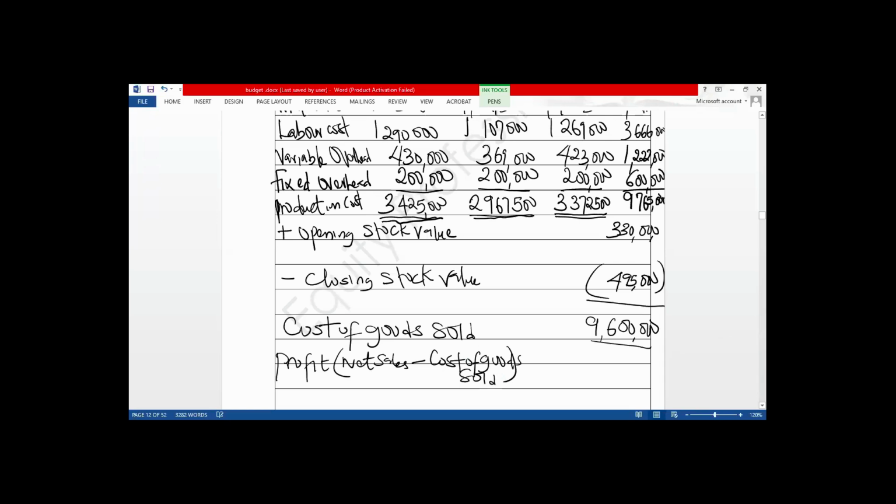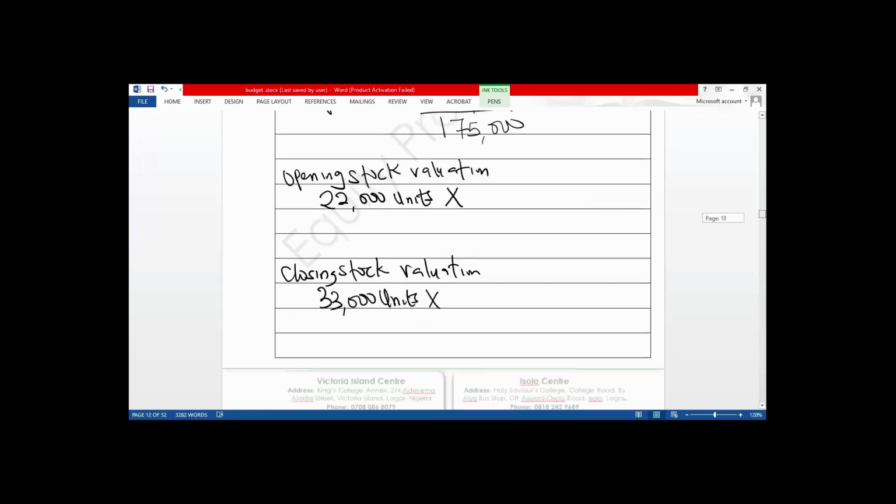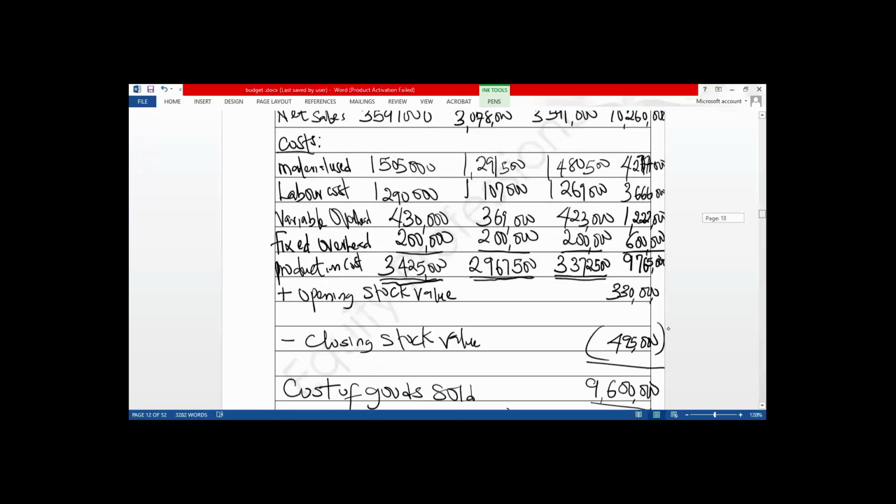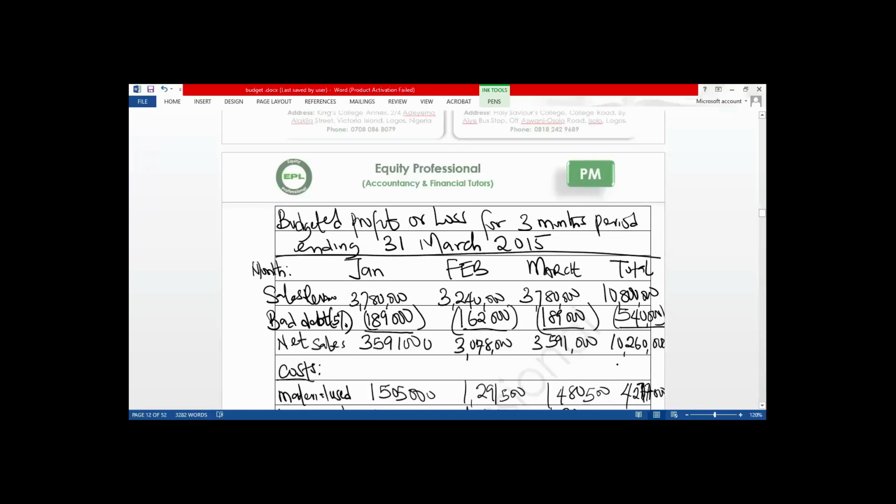Look at the net sales at the end of March. The net sales is 10,260,000 minus 9,600,000.